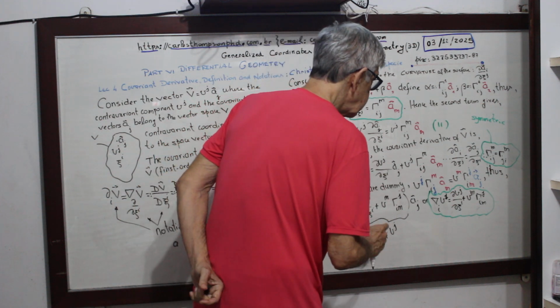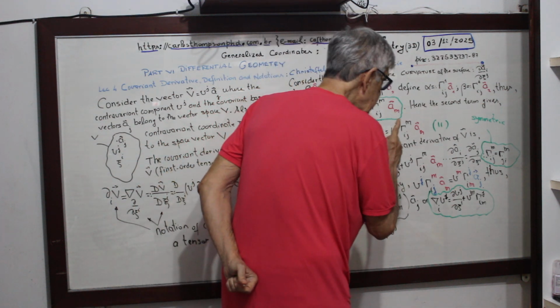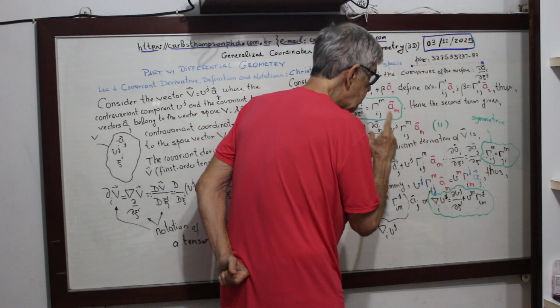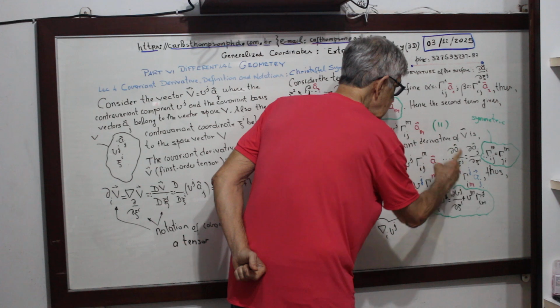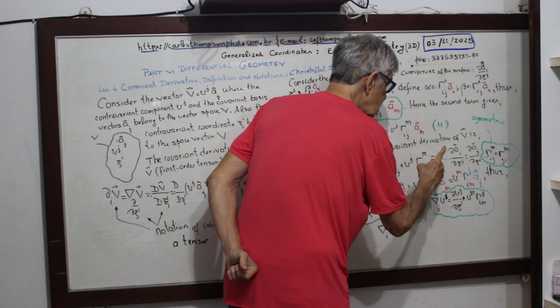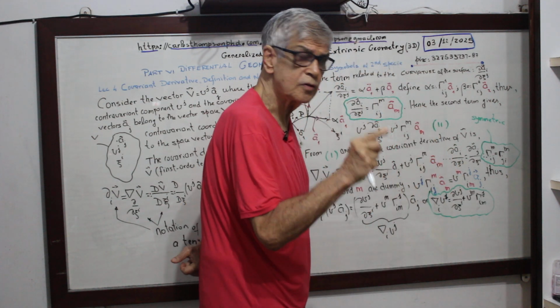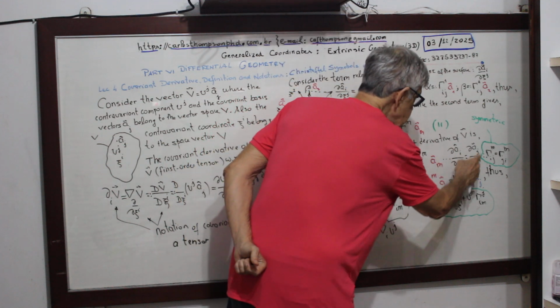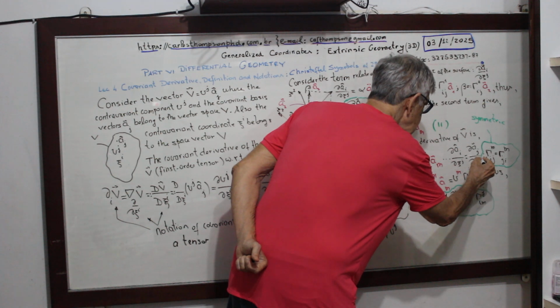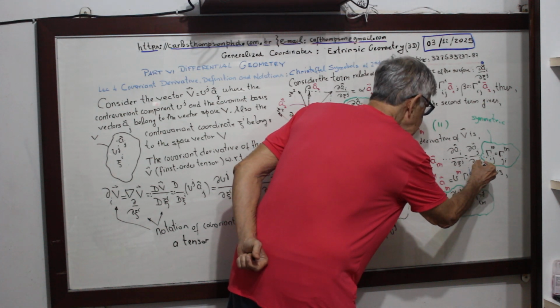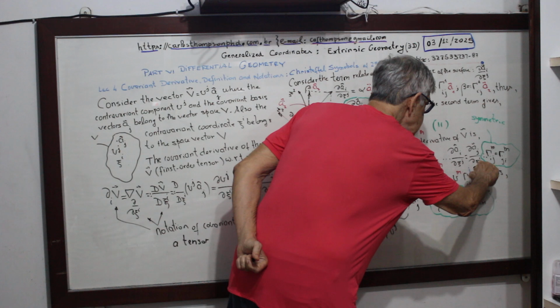Now, recall an important property. Partial Ai with respect to Cj is identical to partial Aj with respect to Ci. I already showed this in a previous video.